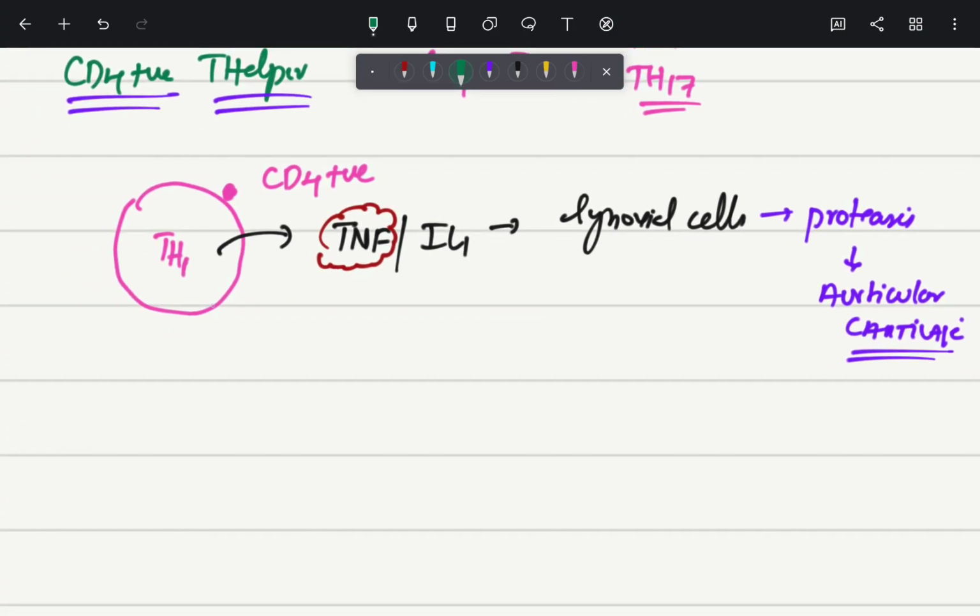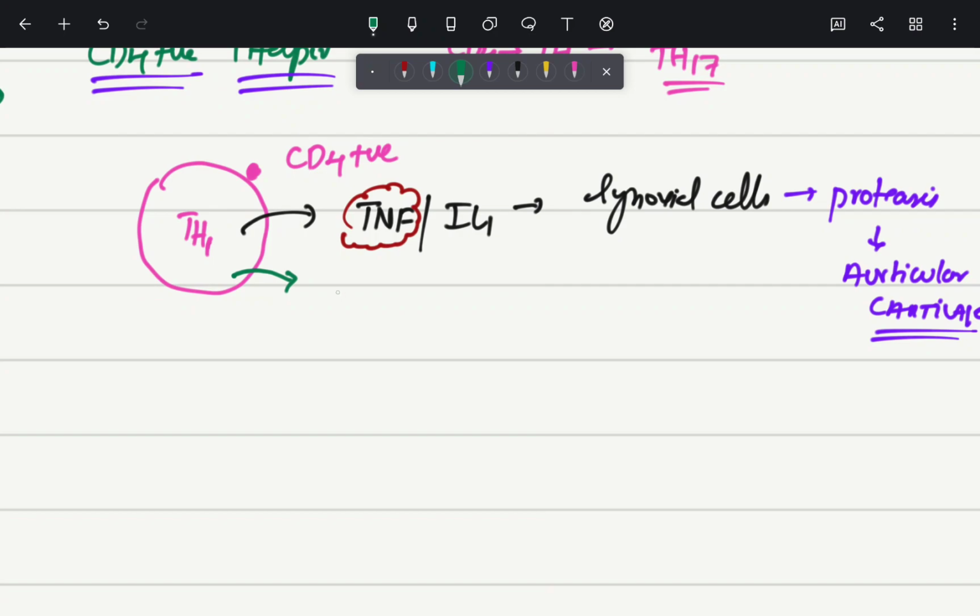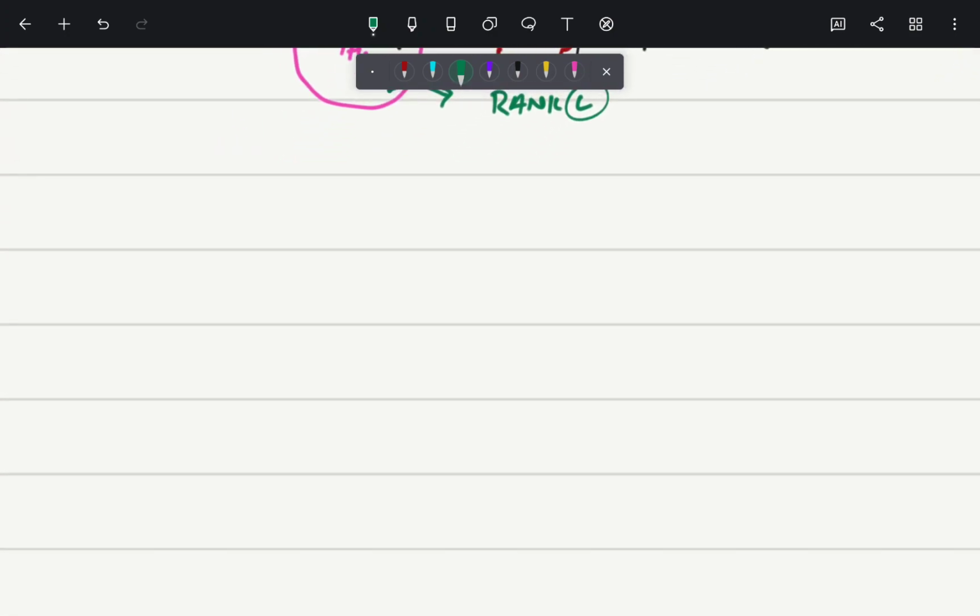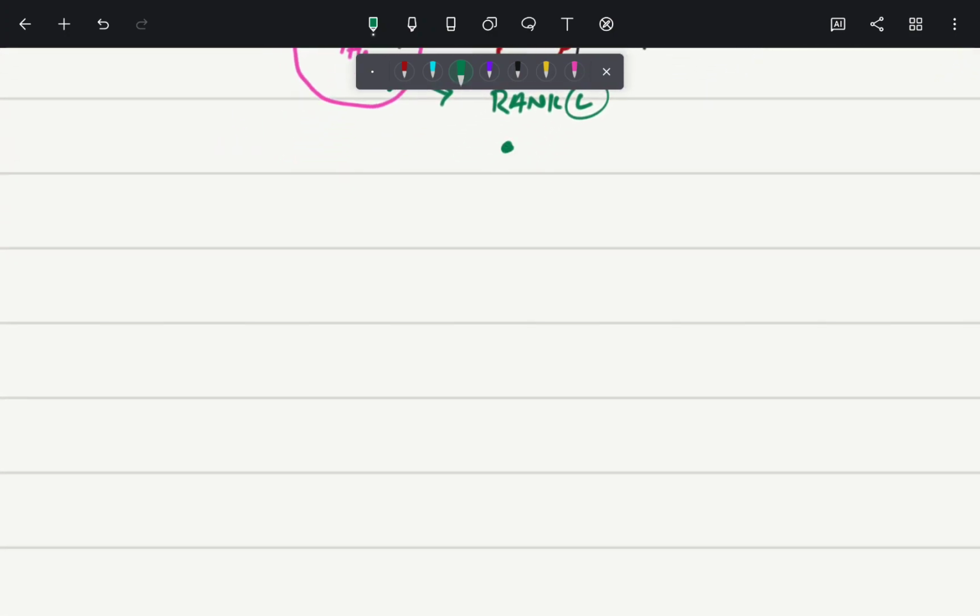The second one that is produced by the T helper 1 cell is rank ligand. Now what is meant by a rank ligand? Rank ligand is a substance which will go and stimulate the osteoclasts. Osteoclasts have long claws, as you can see here. These are your osteoclasts.